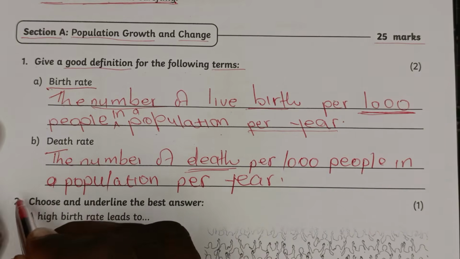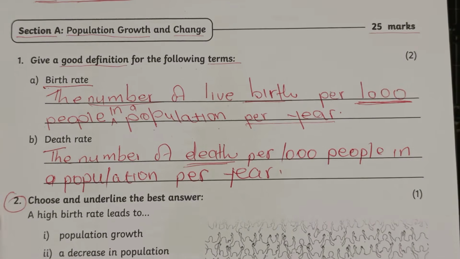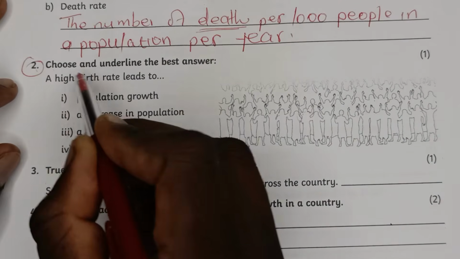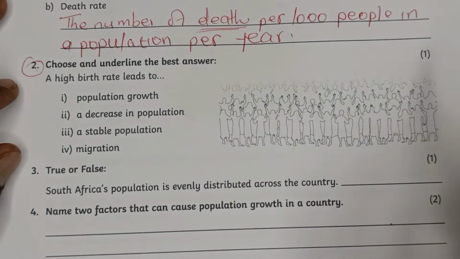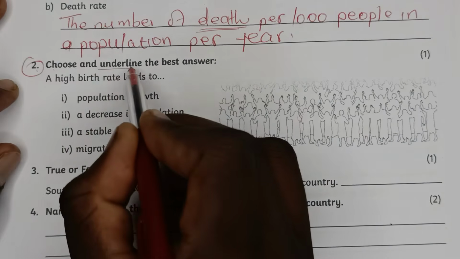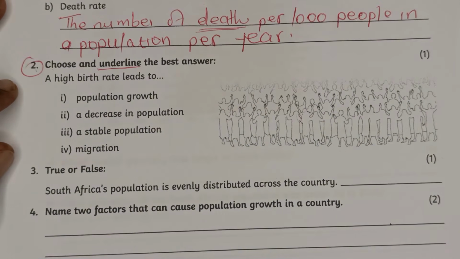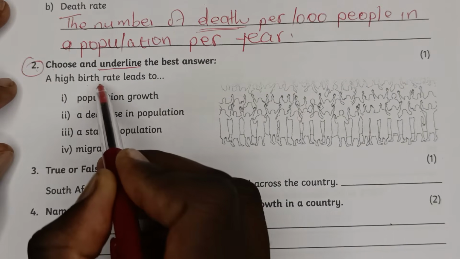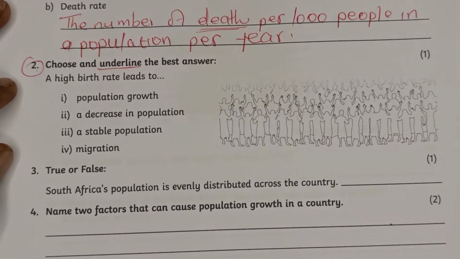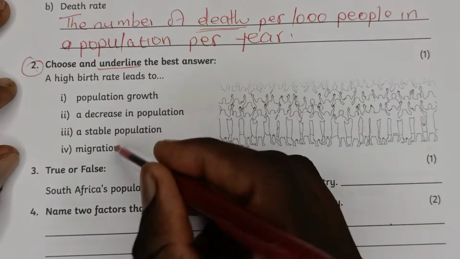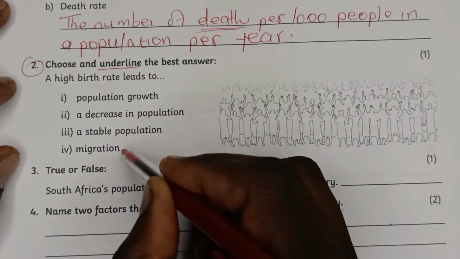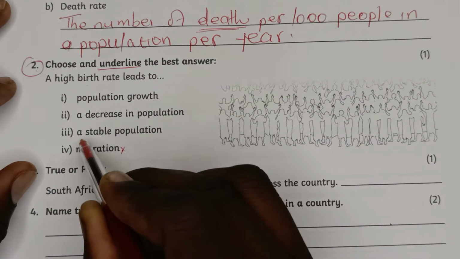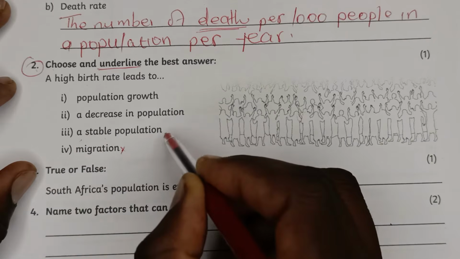All right, we go to question number 2. Question 2 says choose and underline the best answer. A high birth rate leads to what? Does it lead to migration? No. Does it lead to a stable population?